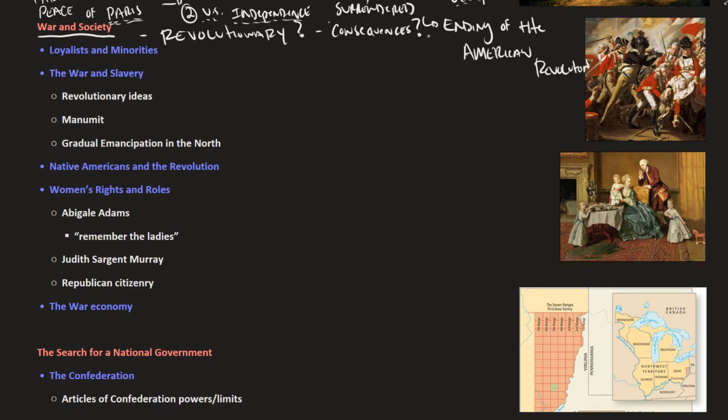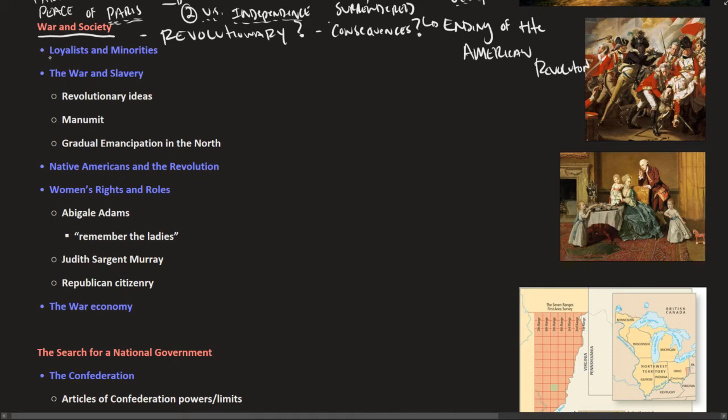But you could also say that even though the revolution did create this new type of government, based on Enlightenment principles, maybe for everyday people in the colonies, not a lot changed all that much.